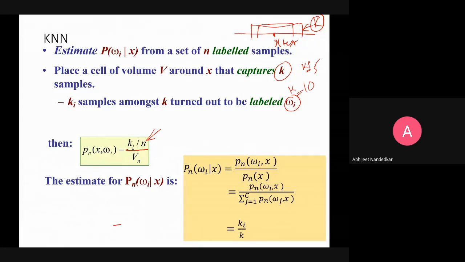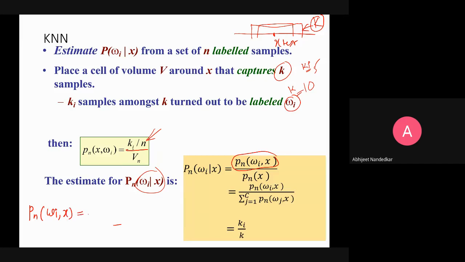Now the estimate for this posterior probability of omega I given x. So this is the joint probability, the probability of omega I and x.